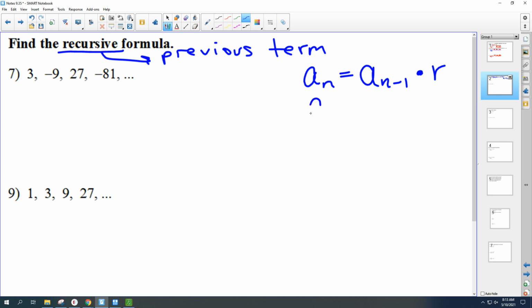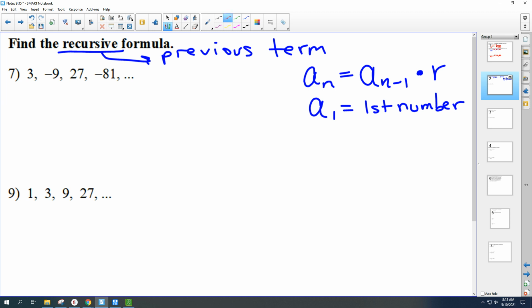But we also need the first term. So a recursive definition is weird because you've got 2 steps. You've got this formula that seems important, and then A1 equals the first number, whatever that is. So don't forget this second part. That's going to be important for our recursive formula.